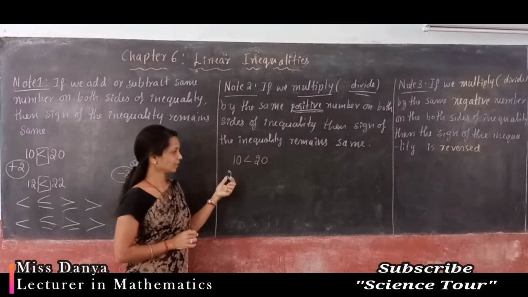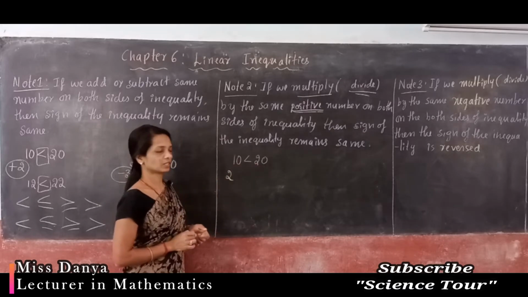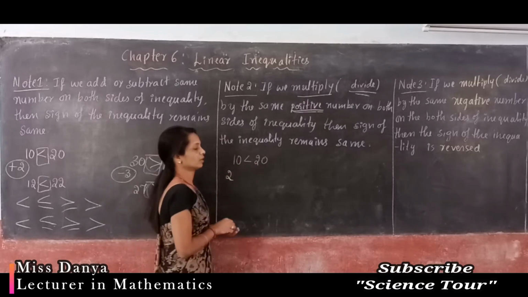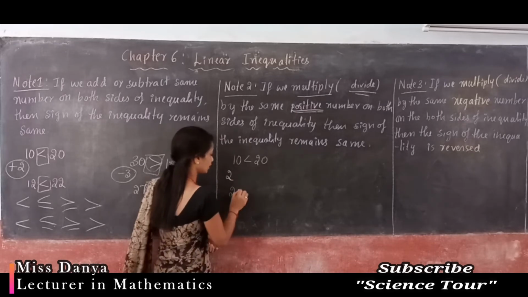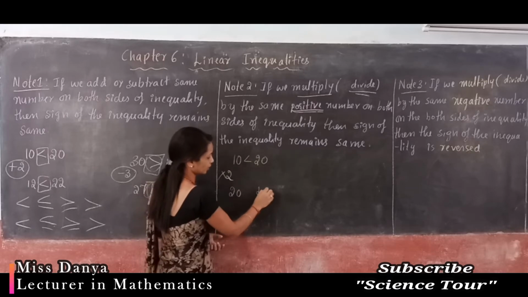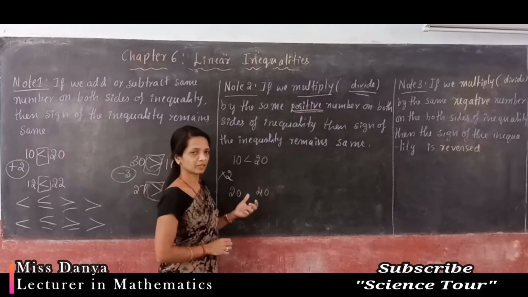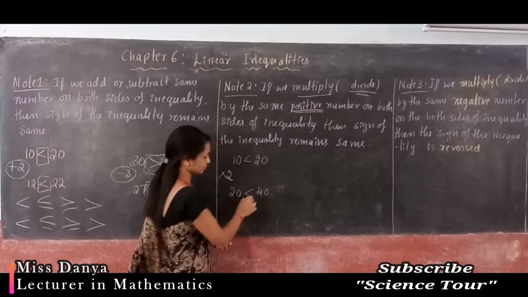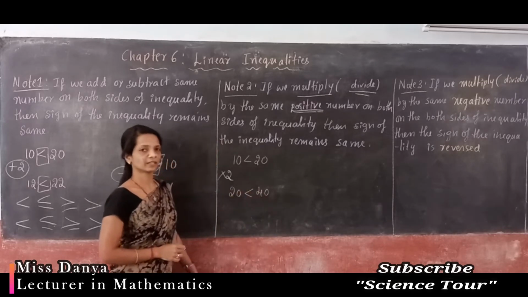So what will you get? 10 into 2 is 20, and 2 into 20 is 40. Which symbol can we use between these two? Less than symbol, right? 20 is less than 40.